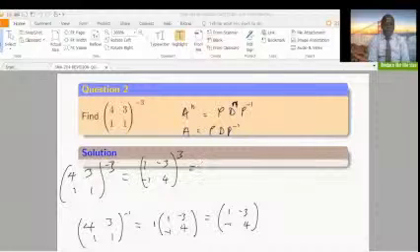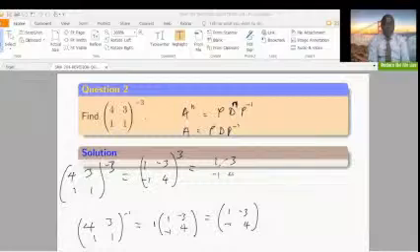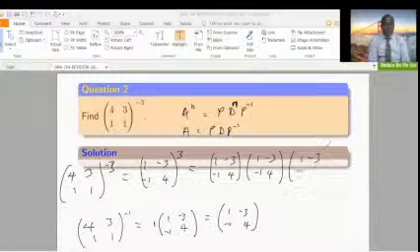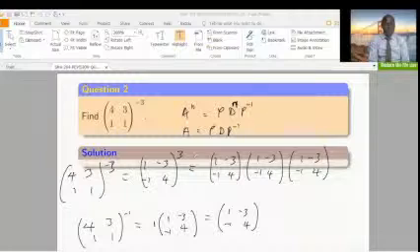And this is the same as 1, -3, -1, 4 multiplied by 1, -3, -1, 4 multiplied by 1, -3, -1, 4, because 3 is a very small power. Let me create some space here.